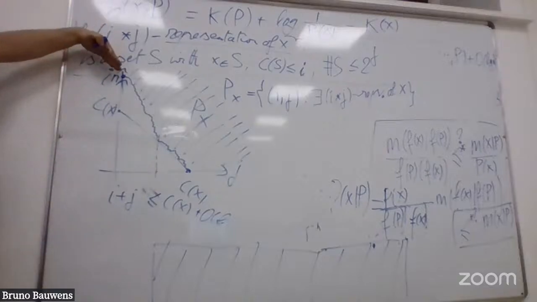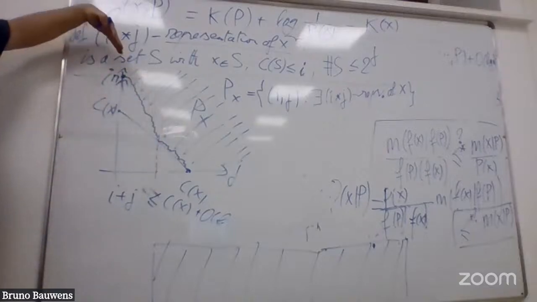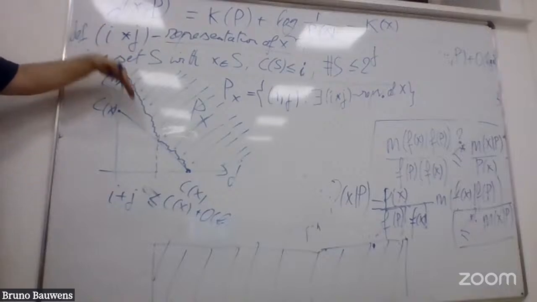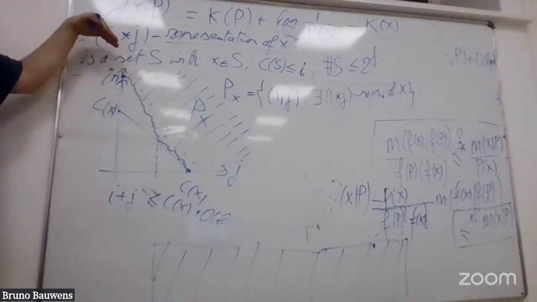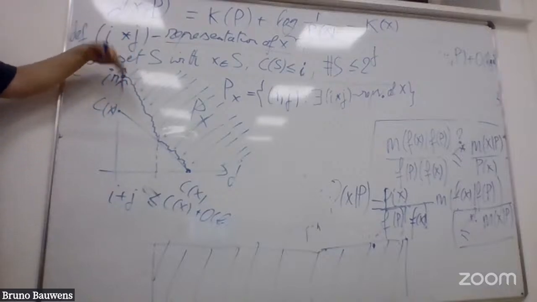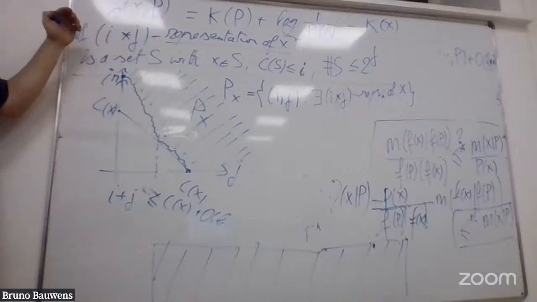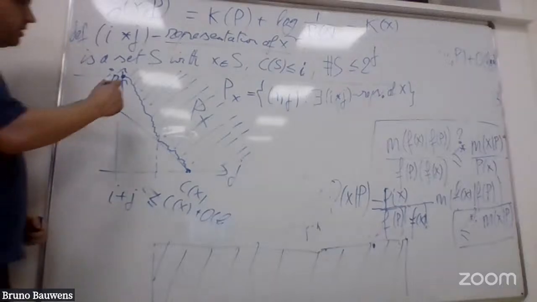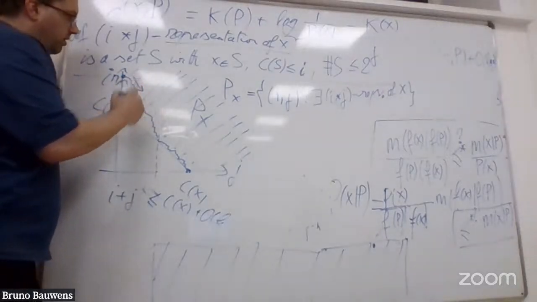And the claim is that the slope goes down faster than with slope 1. So you go down with slope negative more than 1. And why is this? So why do we go down faster than with slope 1?